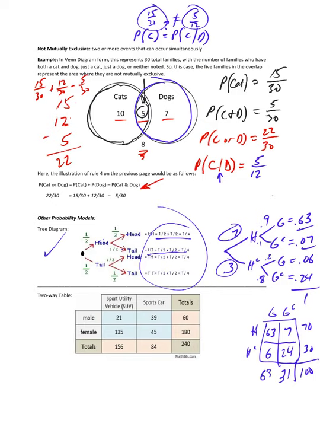This is tricky because if it was flip-flopped, given that you like hockey, what are the chances you've been to a game? That's just going this way. So given that you like hockey, there's a 90% chance you've been to a game. Given that you don't like hockey, there's a 20% chance you've been to a game. But now this is going backward. So we've got to see how many people have been to a game.